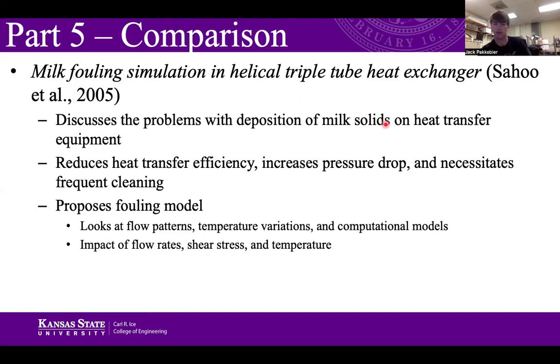They proposed fouling models that looked at flow patterns, temperature variations, and computational models, and also looked at some of the impacts where they changed flow rates, shear stress, and temperature. Temperature being, I think what they said, the key indicator of fouling buildup. Higher temperature meant much more fouling buildup compared to low temperatures.